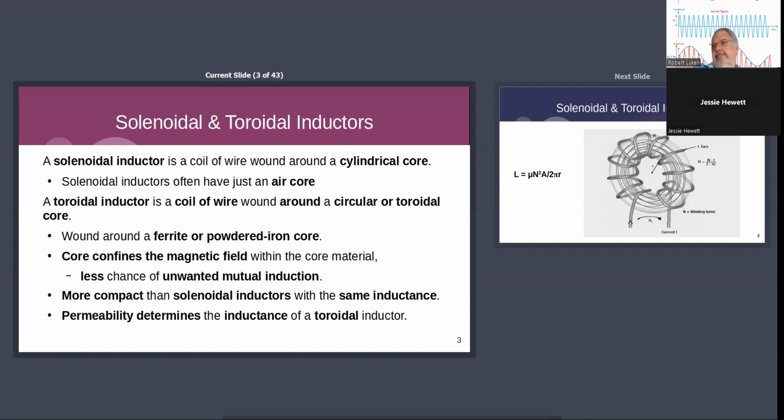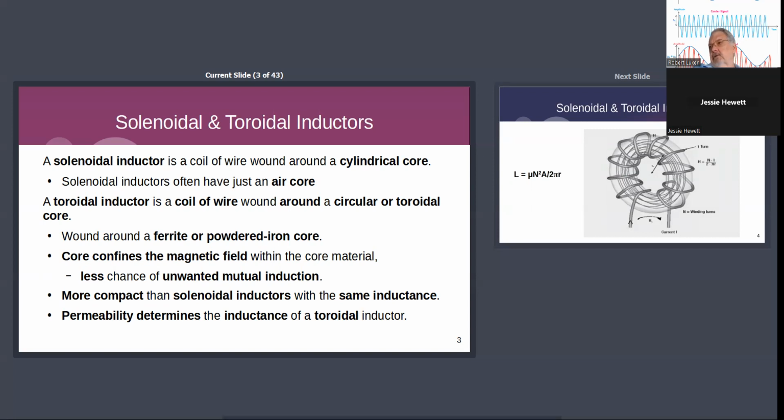With the toroid, 90-something percent of the magnetic flux lines are contained within the core of the toroid. So you can have them relatively close together without having interference, which is one of the things you see on any of the modern radios and stuff. Things are packed as close as they can get them.